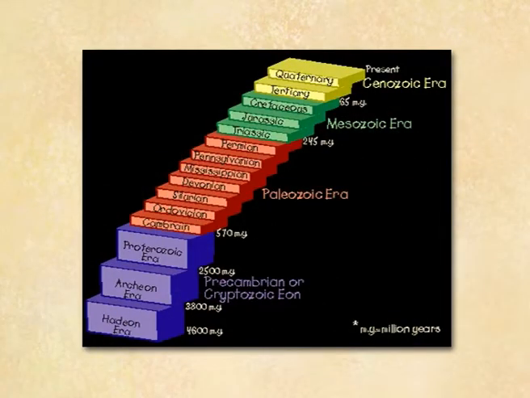Earth's history has been divided into 6 major eras, namely Azoic, Archeozoic, Proterozoic, Paleozoic, Mesozoic, and Cenozoic. The Azoic era is the oldest era and represents the crust formation of the Earth. During this era, no life was present on the Earth.